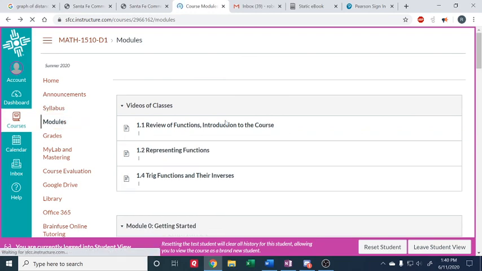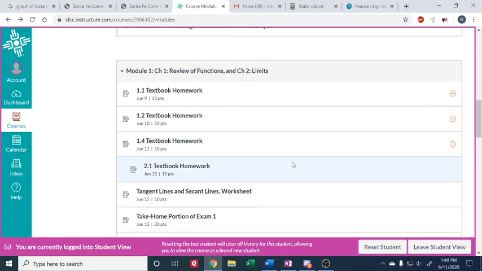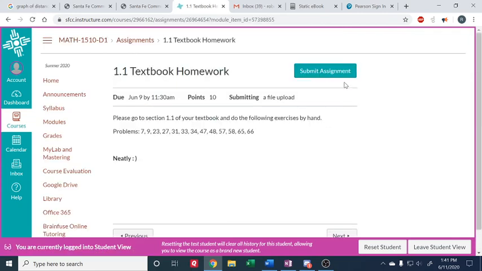if you're in the modules and you're at the 1.1 homework, when you submit your assignment, you get to upload a file. Now, if you have modified it and changed your answers, is there a way to remove what you did or do you just submit another document on top of that?